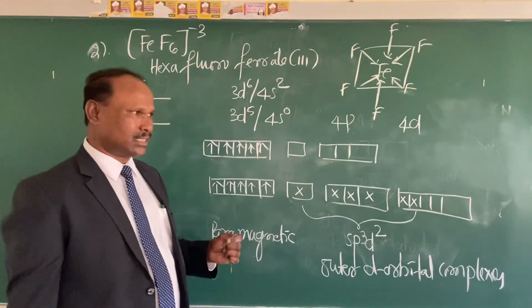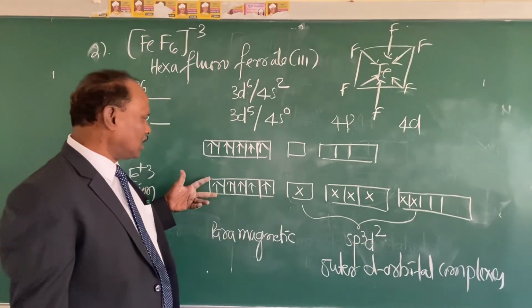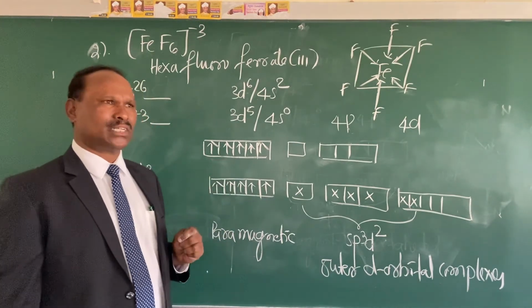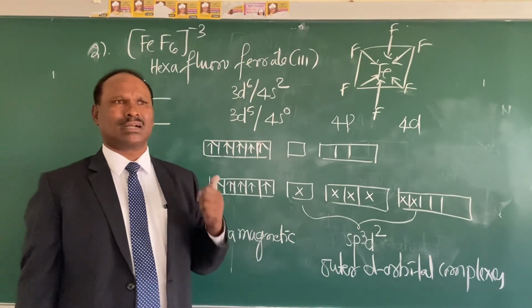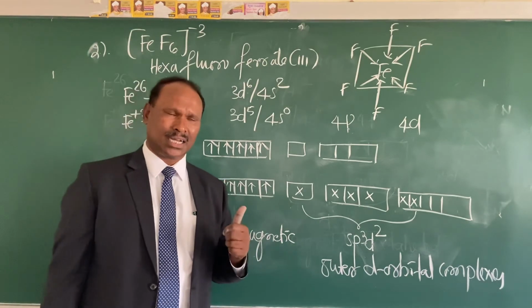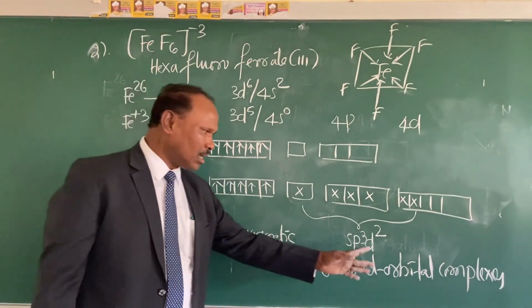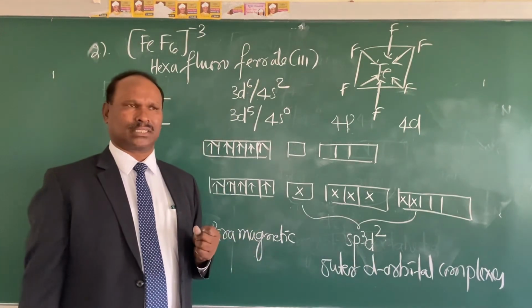So remember, inner orbital complexes are low spin complexes, whereas outer orbital complexes are high spin complexes.